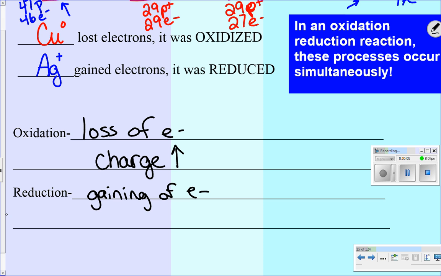So silver's charge is actually decreasing. The reason I'm drawing attention to this is people see the word reduction and they're like, why does reduction mean gaining something? The reason for this is we're gaining something negative. So reduction actually means that we're gaining electrons and therefore reducing the charge on this species.